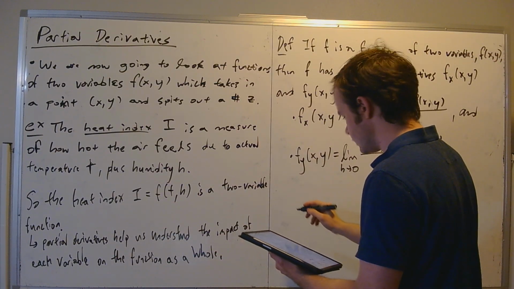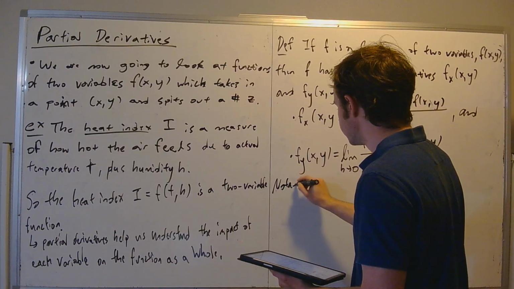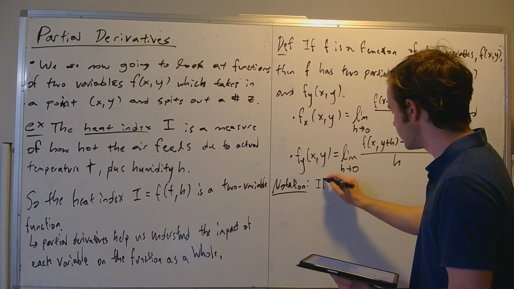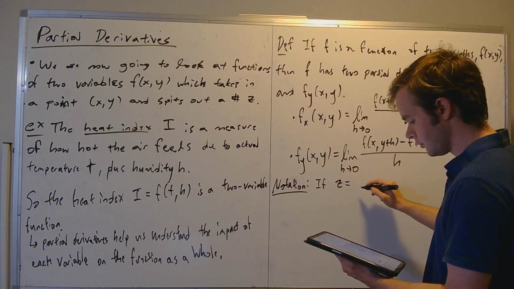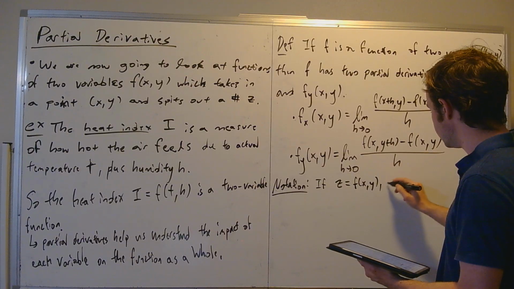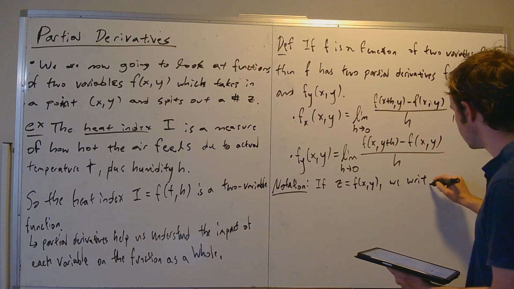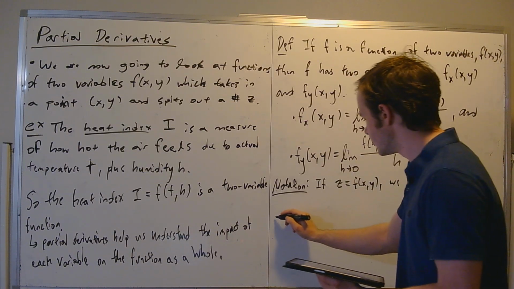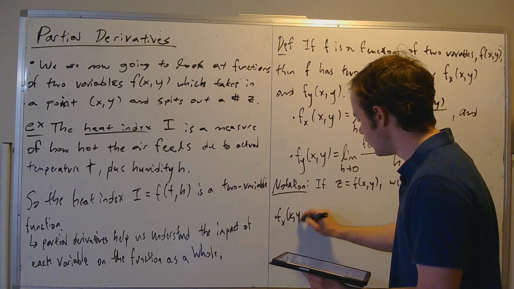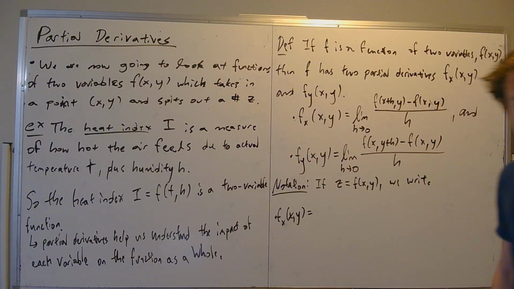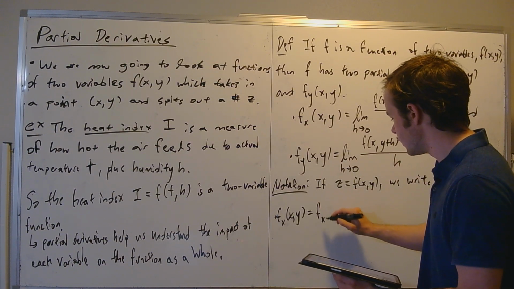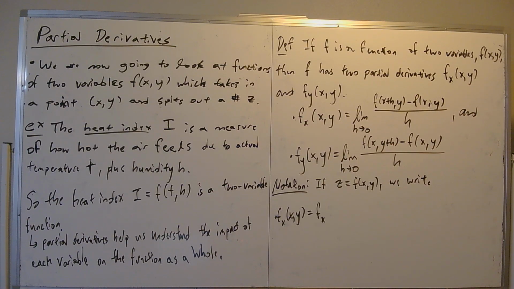And some notation: if z equals f of x, y, then f_x of x and y, the partial derivative with respect to x, we can also just write as f_x, which means the same thing.